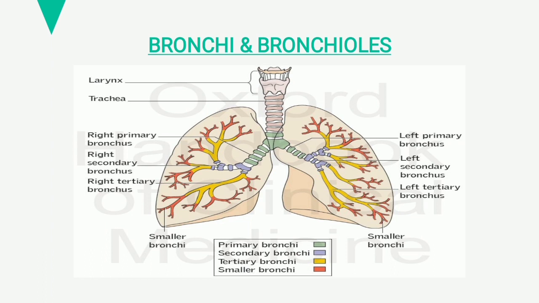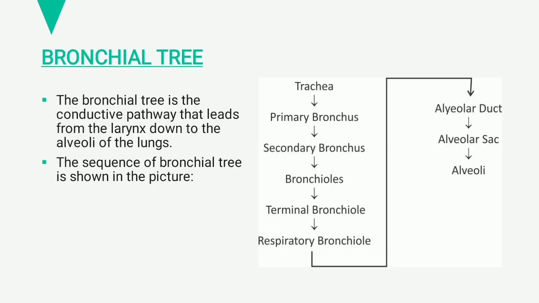It divides into right primary bronchus and left primary bronchus. The primary bronchus then divides into right secondary bronchus and left secondary bronchus. They again divide into tertiary bronchus, both right and left, and finally they become smaller bronchi, bronchioles, and reach to the alveoli. The complete sequence of bronchial tree is shown in this chart.